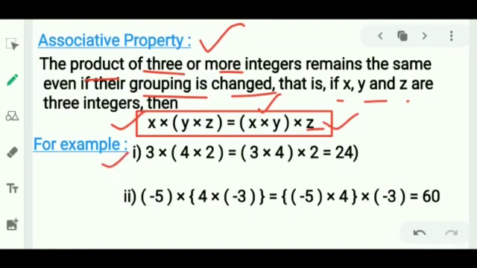For example, in the first example, we have three integers. The first one is 3, the second one is 4, and the third one is 2. On the LHS we group 4 and 2 together. Now we know that 4 twos are 8, and when we multiply 8 by 3, it becomes 24.